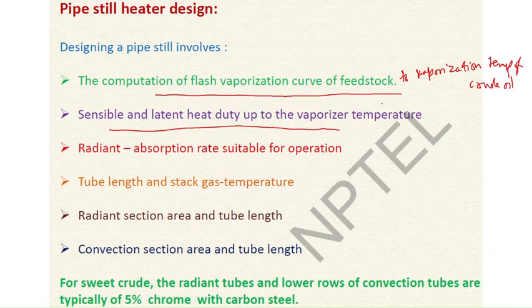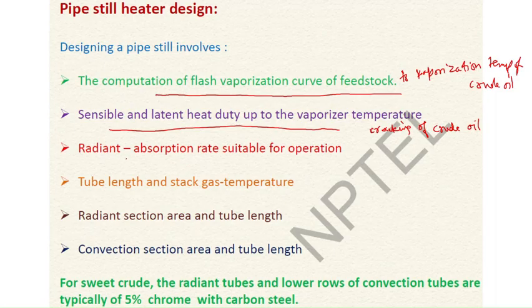Why? To see if there is any cracking. Cracking of crude oil takes place at higher temperature, and that may decompose our crude oil. So to determine that, we need to see up to what temperature we can provide the heat so that the crude oil does not decompose. Okay.